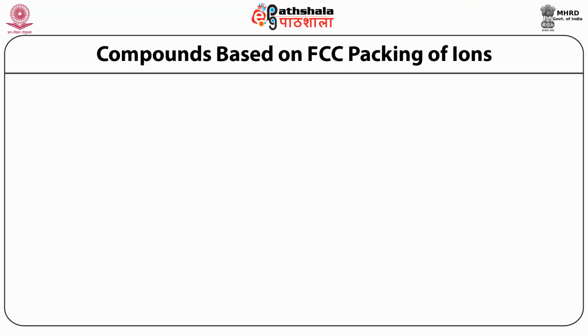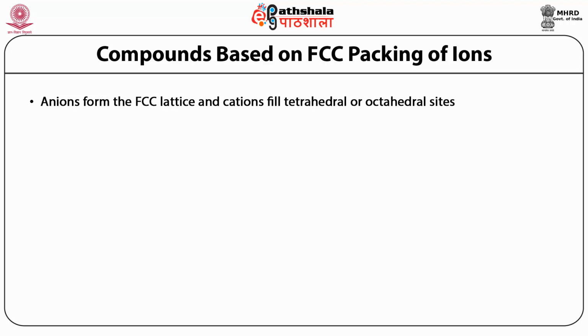Compounds based on FCC packing of ions. In these structures, typically anions form the FCC lattice and cations fill tetrahedral or octahedral sites in most cases, although in some cases some other coordination may be preferred. Here we will discuss the following structures.